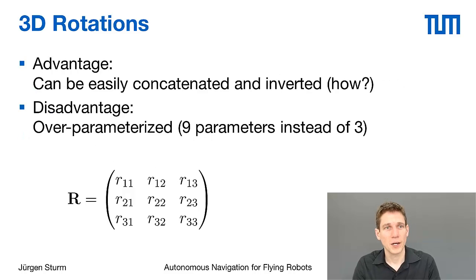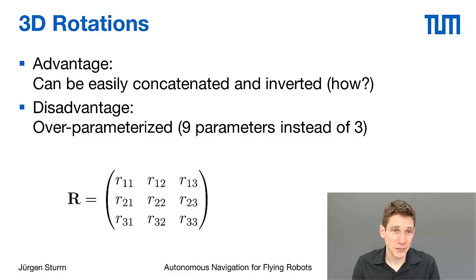And obviously, 3D rotation matrices can very easily be concatenated just by multiplying them, and they can also very easily be inverted. Those of you who have listened carefully will remember that a rotation matrix, or an orthogonal matrix, can be inverted just by taking the transpose of the matrix, and that's of course a super fast operation.